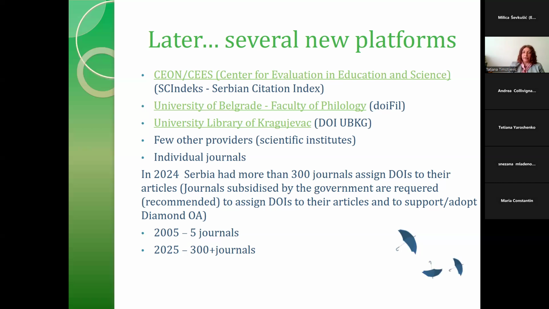In 2024, Serbia had more than 300 journals assigning DOIs to their articles. Journals subsidized by the government are required or recommended to assign DOIs to their articles. So we consider that this achievement in 20 years is quite significant.